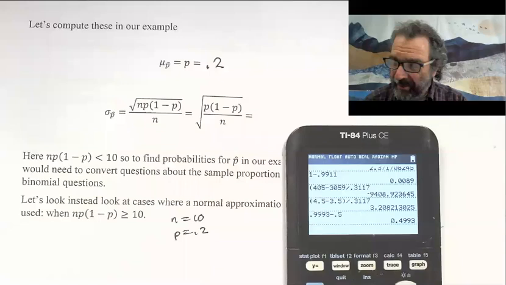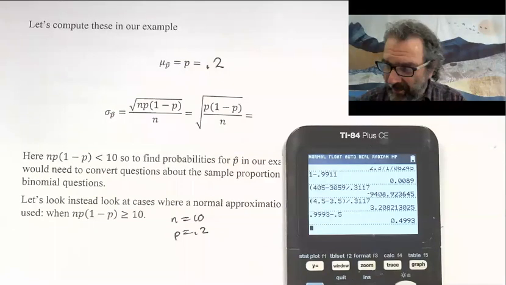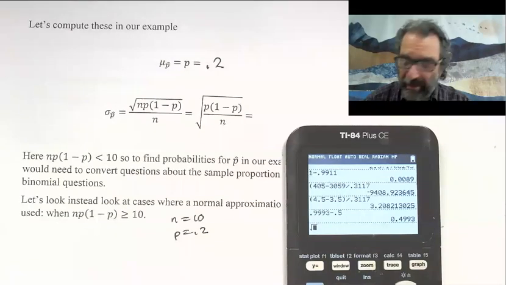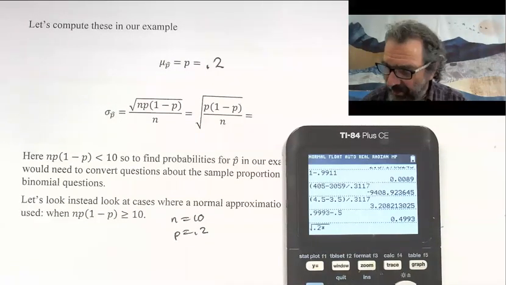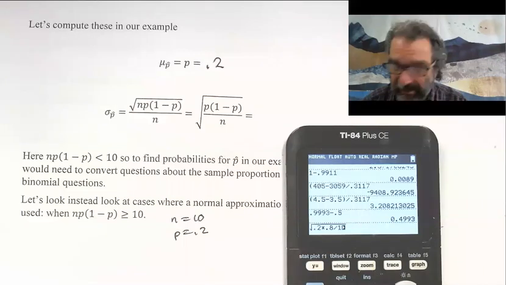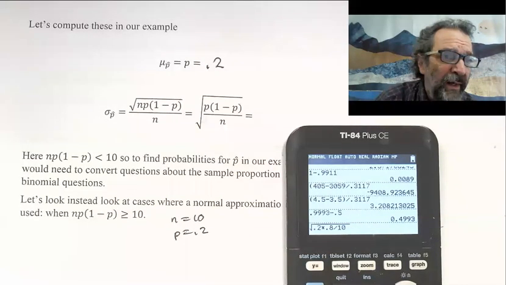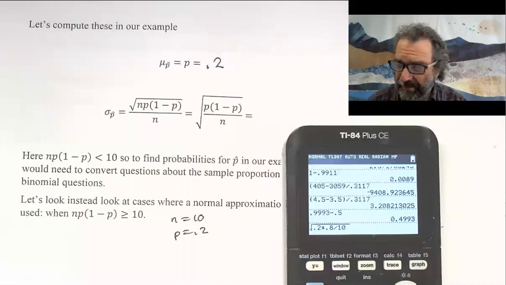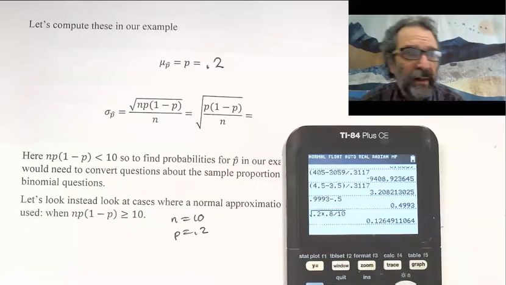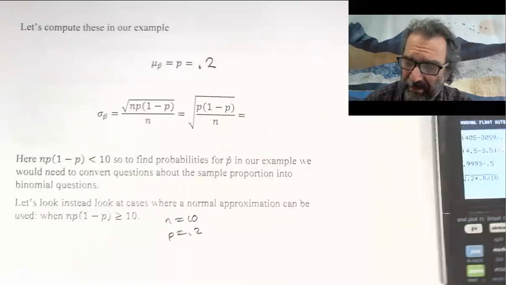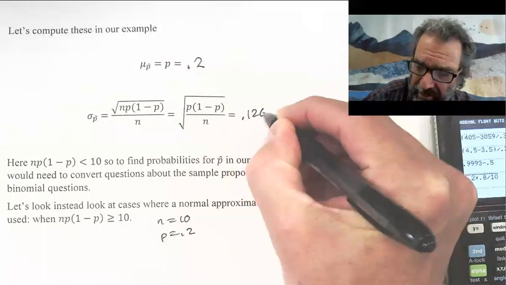I'll try doing the square root, then I'll take 0.2 times 0.8 divided by 10, like that. So that's P times 1 minus P. So 1 minus 0.2 is 0.8. Divide that by 10, take the square root, off we go. 0.1265, I'll put that rounded.